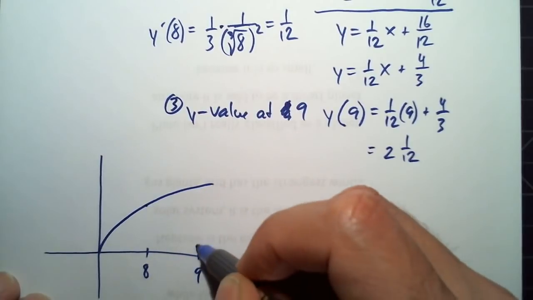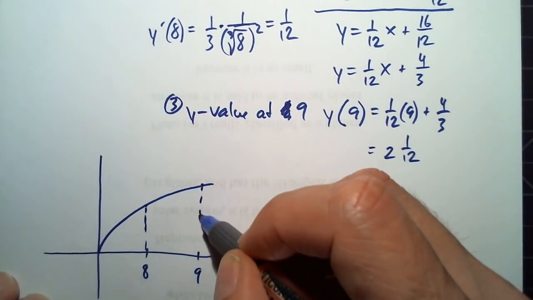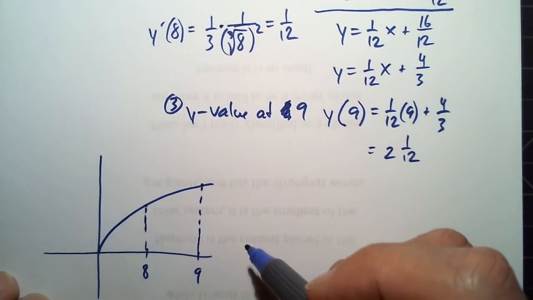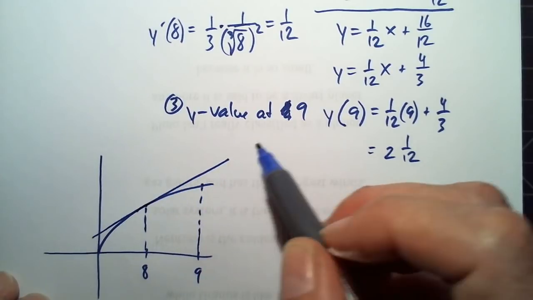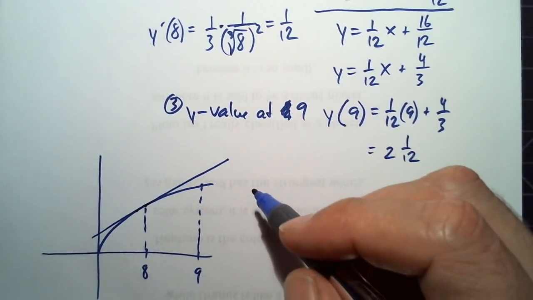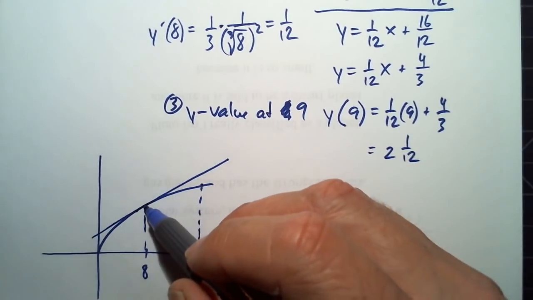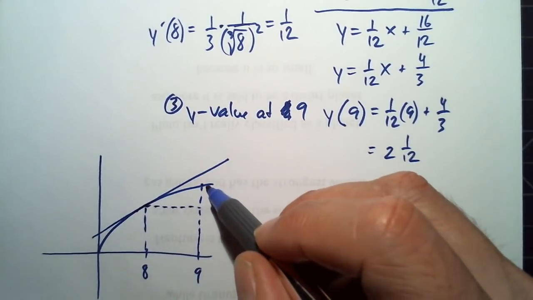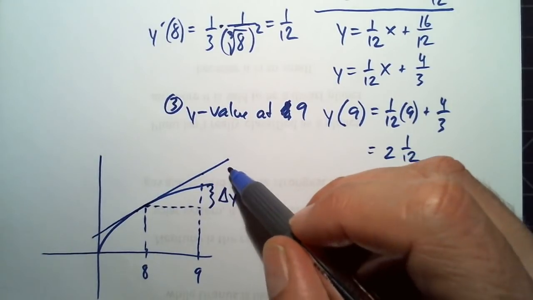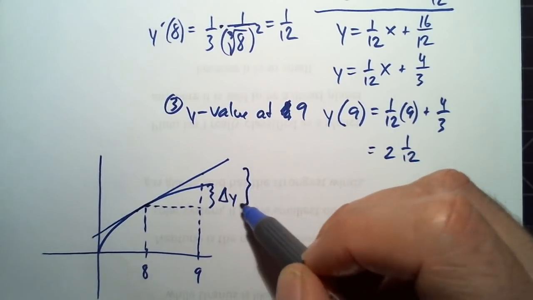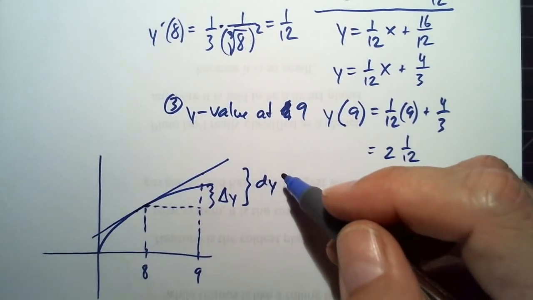So if you spread it out a little bit, it's easier to see all the values. We have a tangent line at 8. And the actual change, this is going to be delta y, and then the change in the tangent line is going to be the differential of y.